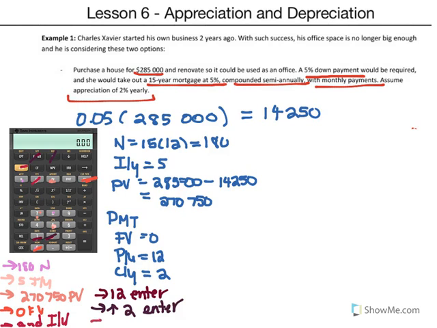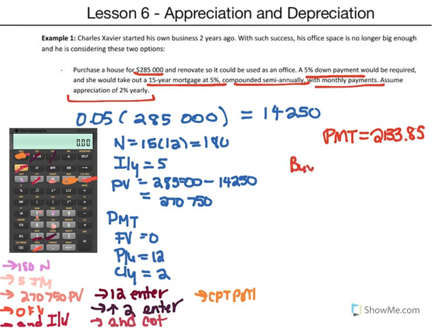Now we want to close this screen, so we hit second function compute. And our last step is to compute what we're looking for, so we're computing our payment. We should get our payment to equal $2,133.85 per month.